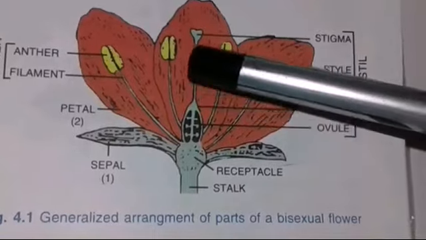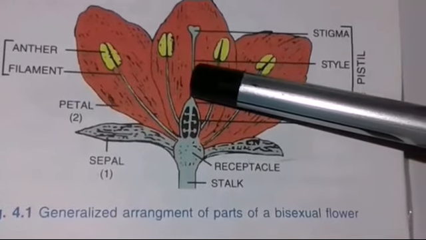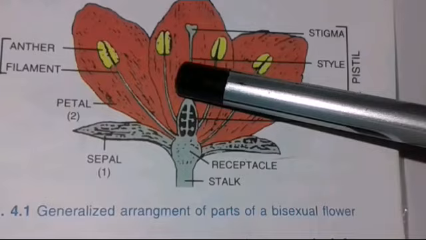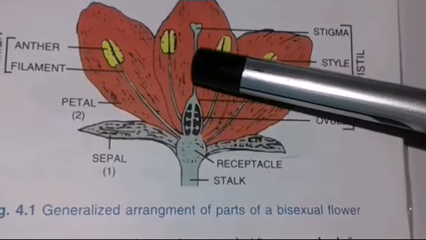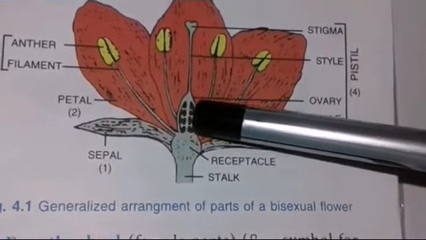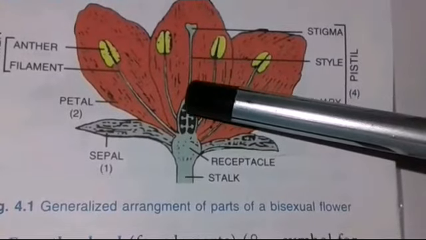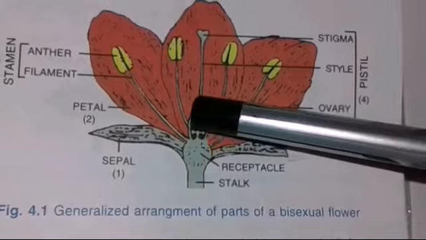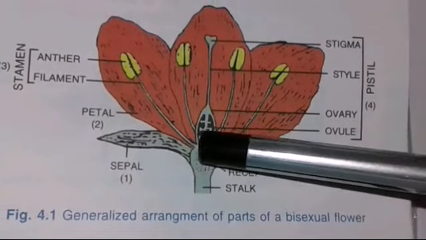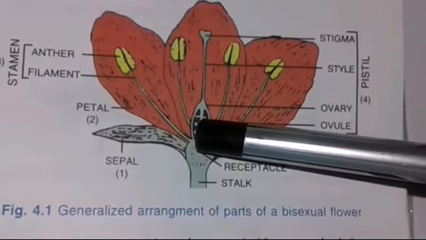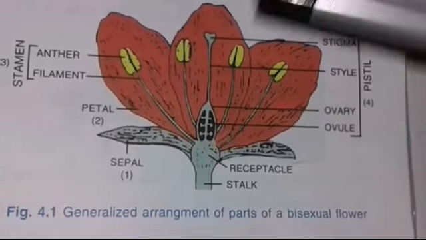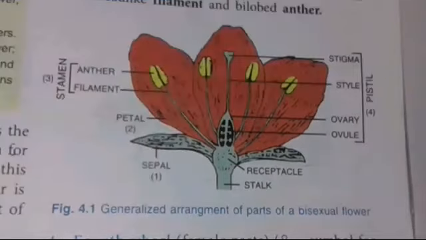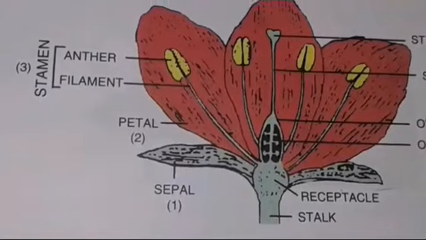At the end of the style, here you can see that rounded shape. This is actually the ovary. The ovary is located at the basal part of the flower, in which ovules are located. Ovules are the female gametes.